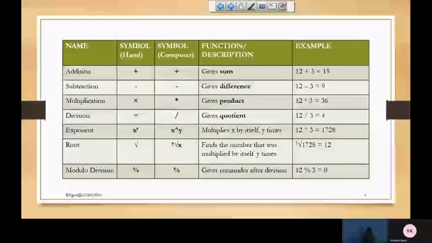So exponents work in a very similar way, but this time it's not about addition, it's about multiplication. An exponent simply means that you're multiplying a number by itself, the number of times that is expressed on the exponent. For instance, 12 to the power 3 simply means you multiply 12 by itself, but only 3 times in this case. So it's just 12 times 12 times 12.